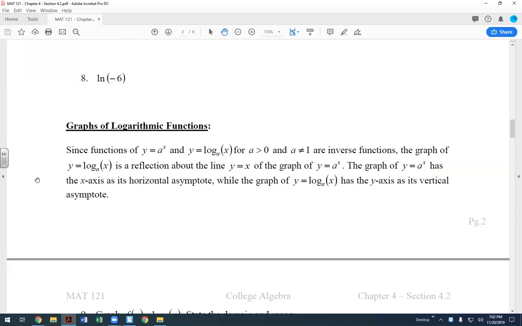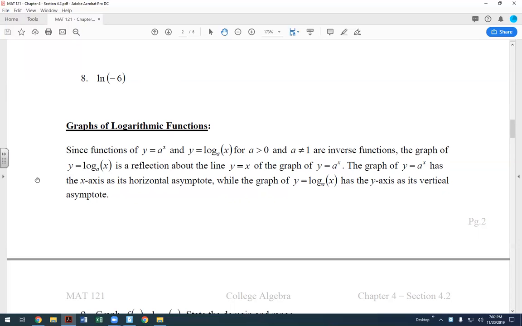What we do is graph our exponential function and then graph its reflection as the logarithmic function. And remember, for inverse functions, we always use the line of reflection y equals x, that oblique line with slope of +1.